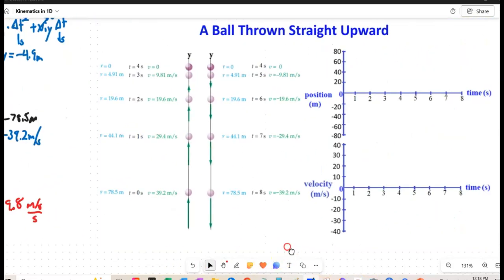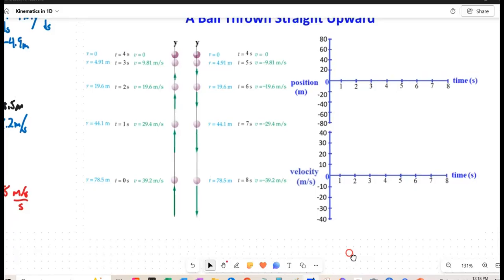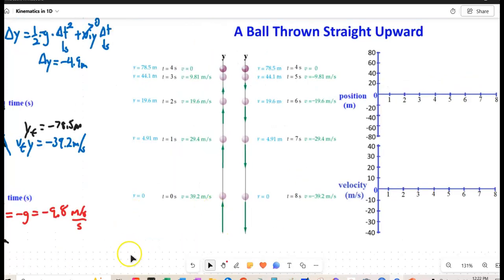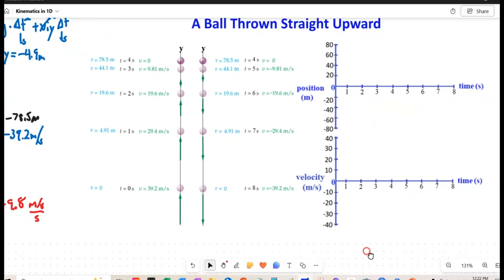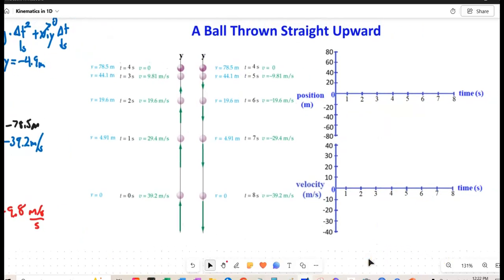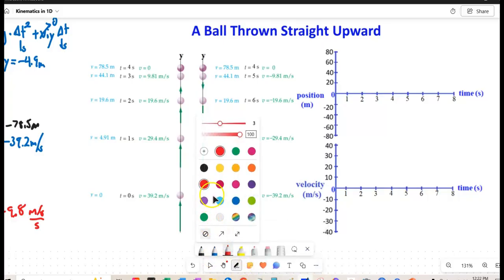Now, when you throw a ball up, there's some interesting things that are happening. Now, it's still accelerating straight down at every single point, okay? But its velocity vector is switching.